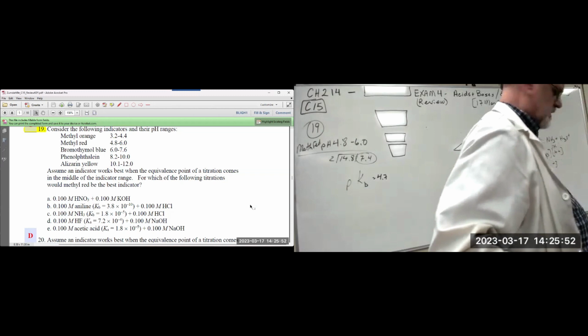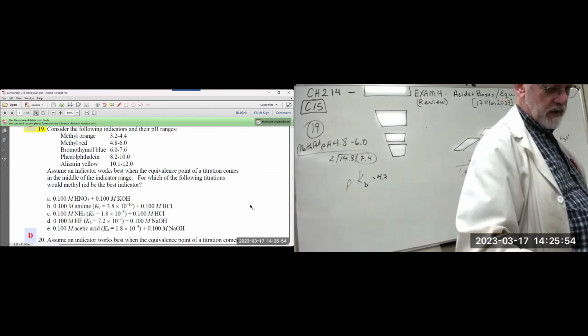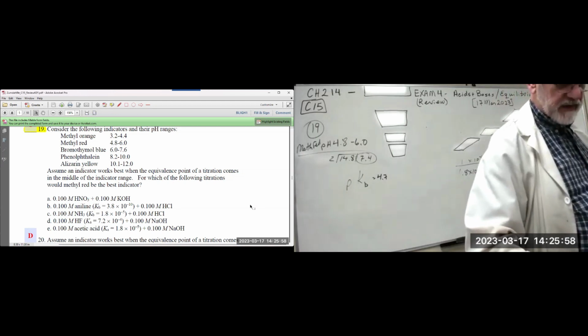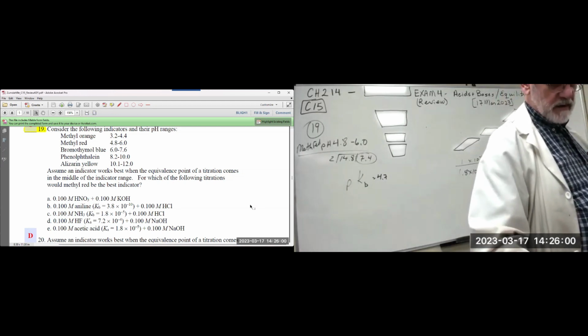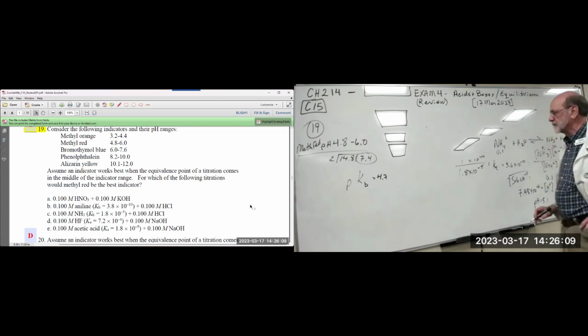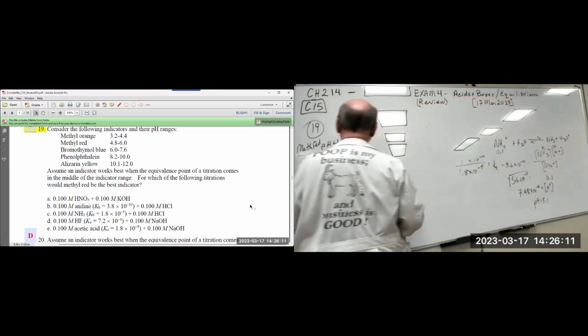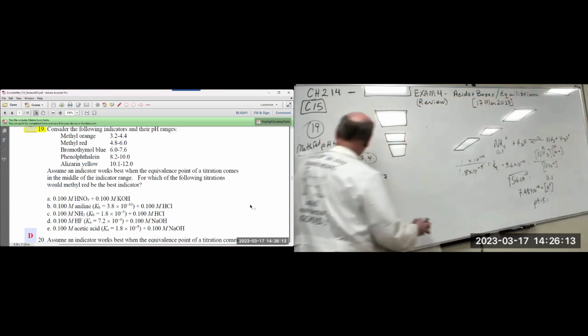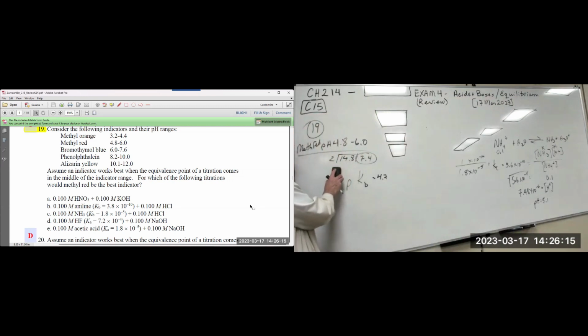I did something wrong. Let me do it again. 7.48 exponent minus 6, enter. Take the negative log. Okay, 5.1. pH 5.1. Oh, that's not right. Why didn't you tell me that?